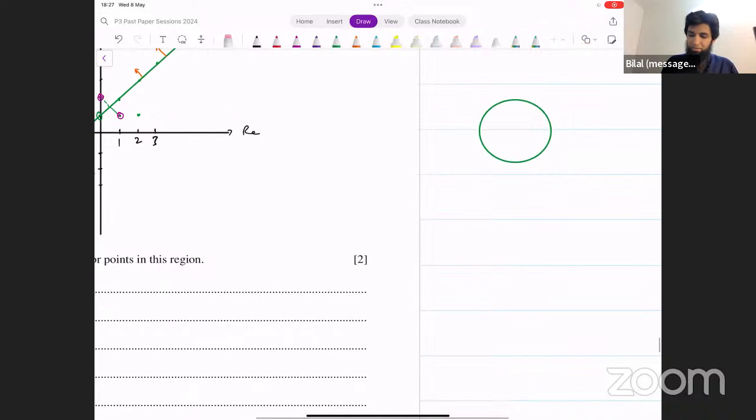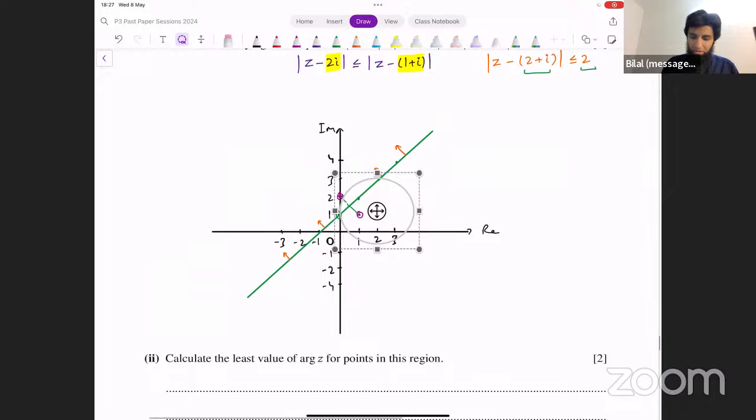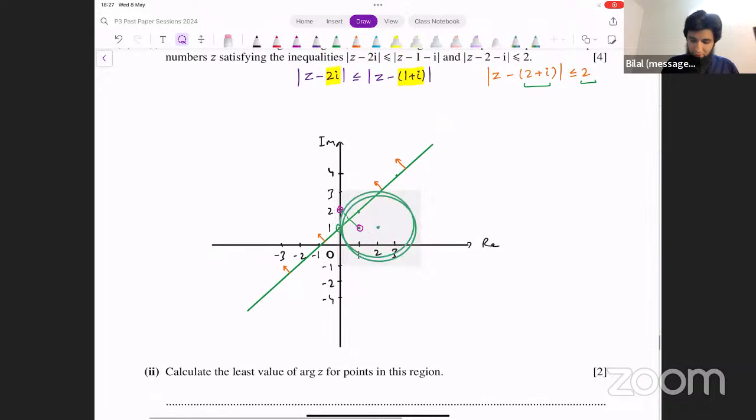Circle of radius 2. Let's see what it looks like. Center at that point, 2, 1. Now, again, you have to be careful about this circle. If the radius is 2, what that means is, if the center is at 2 plus iota, on the left side, this circle should just be touching the y-axis. On the lower side, it should be going up to -1.